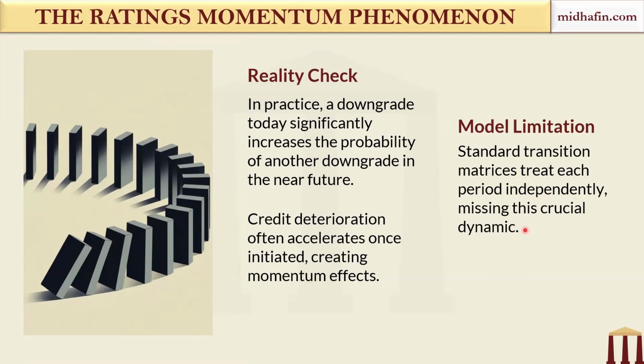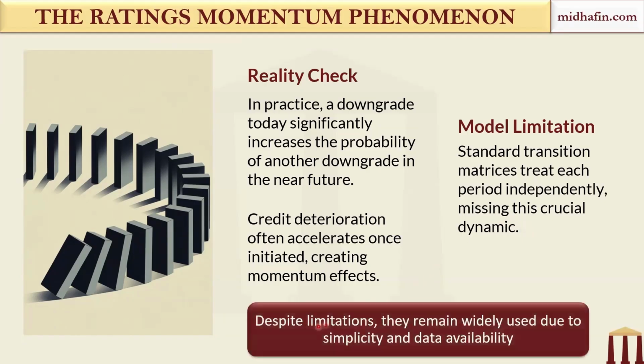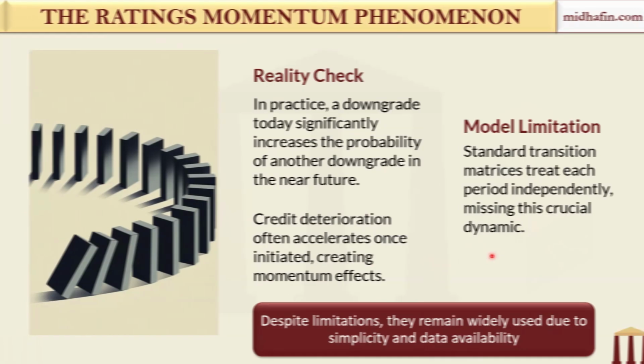And that is clearly unrealistic in many credit cycles. Still, despite this limitation, these models remain widely used because they are simple, transparent, and supported by a lot of available data. So while they may not fully capture the momentum effects, they still provide a useful approximation, as long as we are aware of what they are missing.